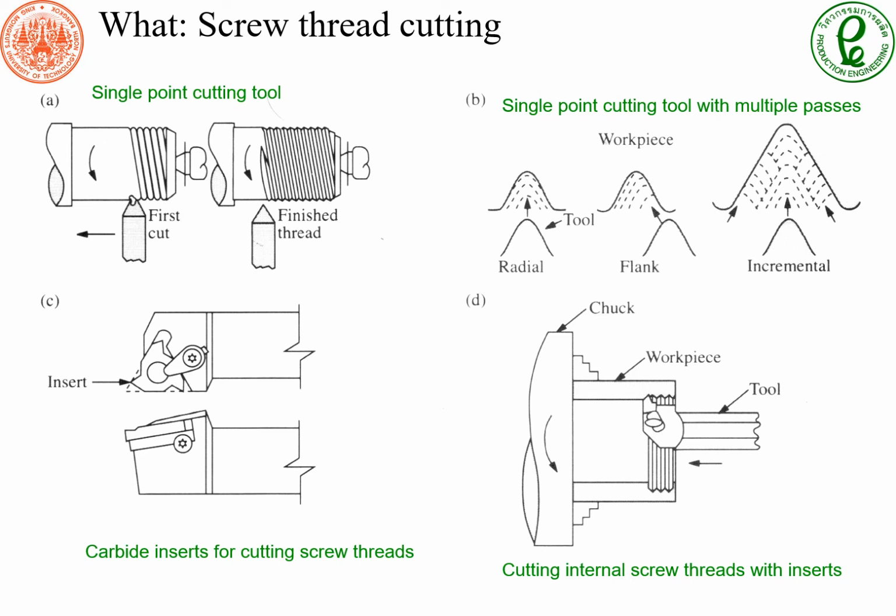Here is another version of a turning process where we use the cutting tool to create threads. This is done by special tools to create the thread. The thread can be an external thread or an internal thread.